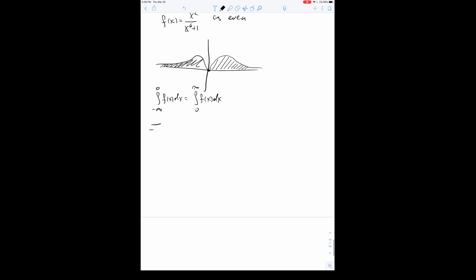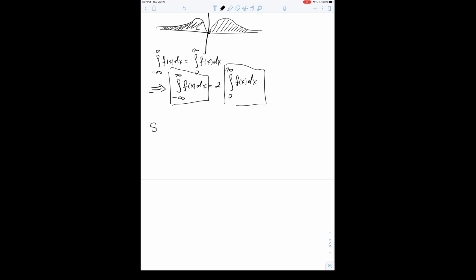And so this implies that if we integrate from minus infinity to infinity of f of x dx, we'll just need to double this integral. Okay, and therefore to compute this integral, we can compute this integral and then divide the answer by 2. So what we need is 1/2 times this.